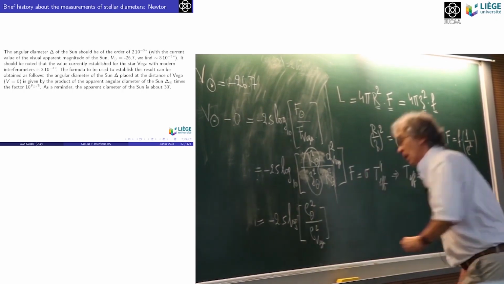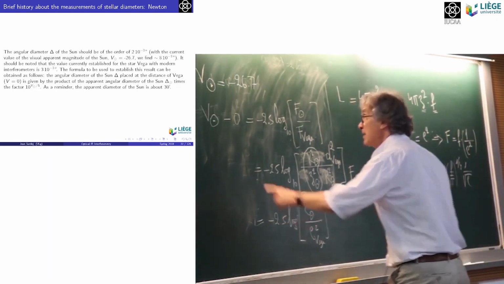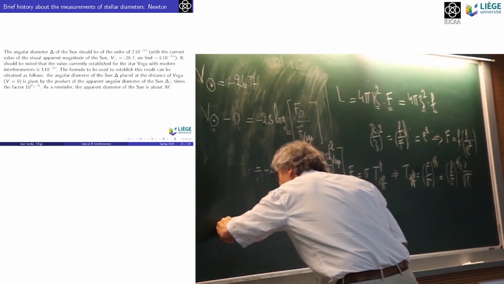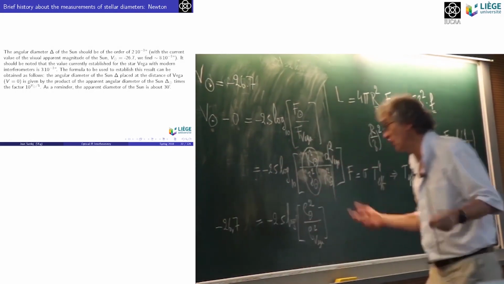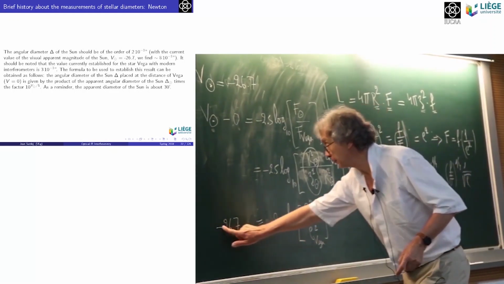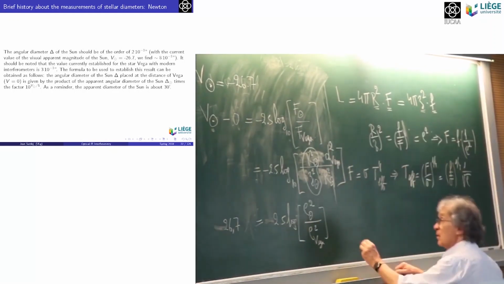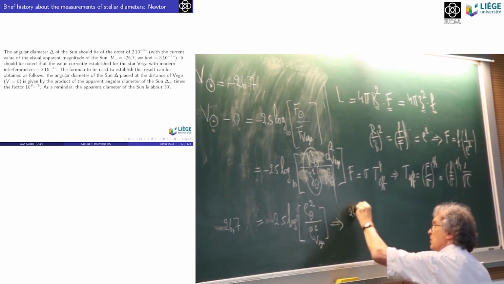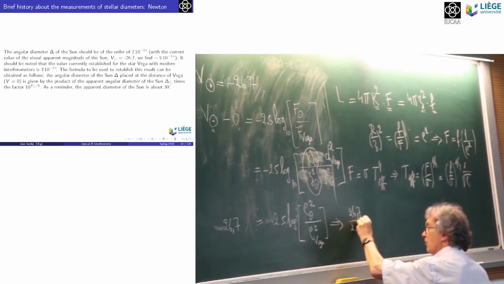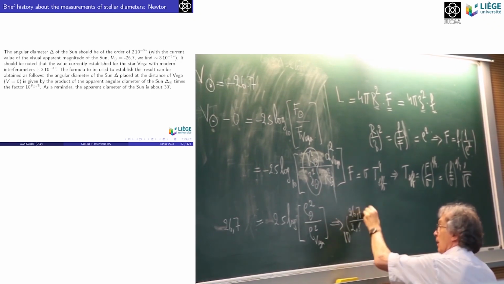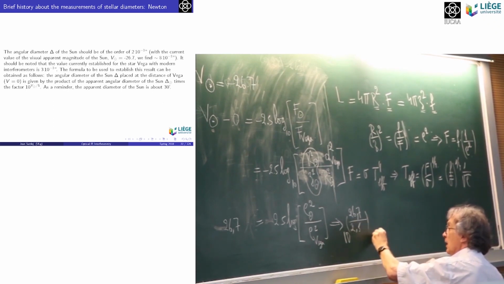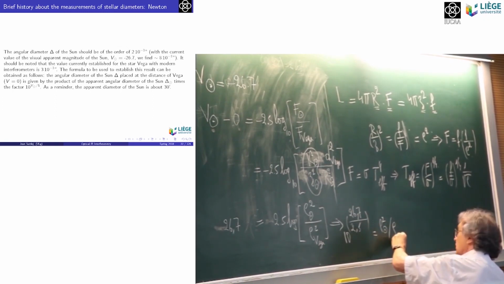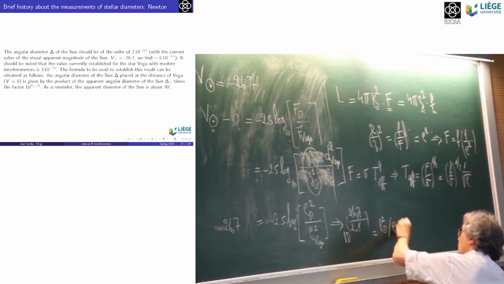like this. And from this relation I find that this quantity minus 0, so it's minus 26.7 minus 0. So the minus and minus go away. And I find from this relation that 26.7 divided by 2.5, here I put 10 to the power of this quantity, is equal to the radius of the sun square divided by the radius of Vega square.